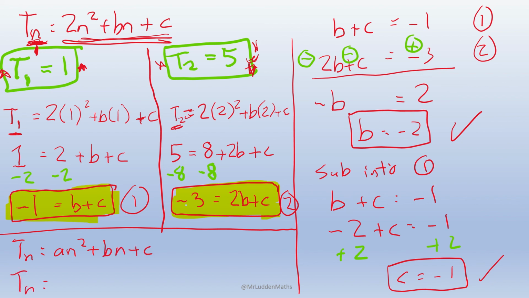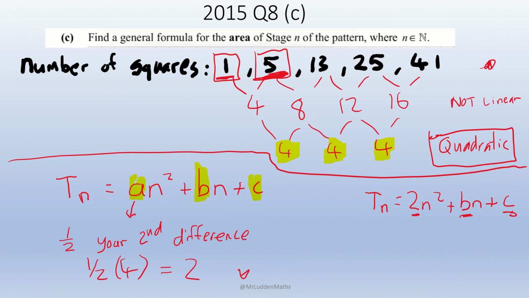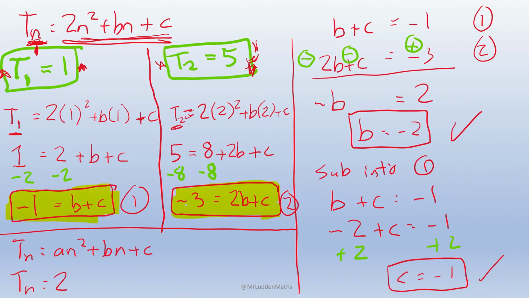We found out a was 2 from this part here, if you remember. So it's going to be 2n squared plus, what was my b? Oh, my b is minus 2. So minus 2n, and my c is minus 1. That right there is your answer.